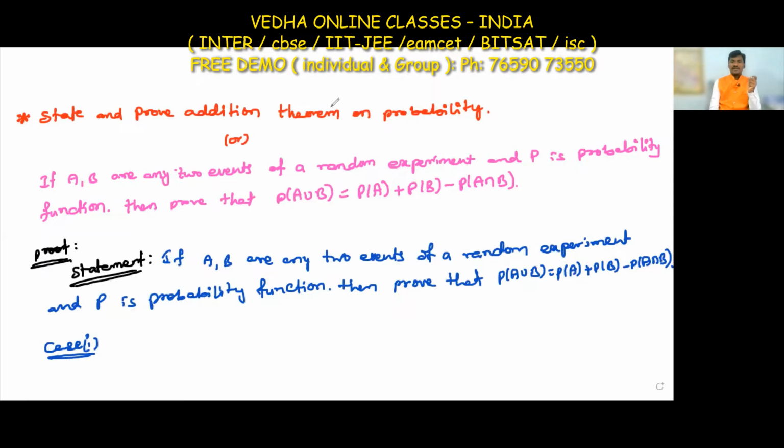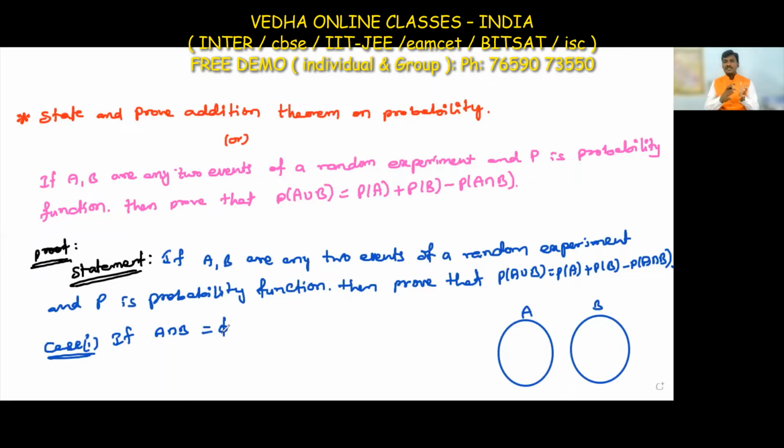I am taking the two events A and B. Here I have one event A and one more event B. Just assume that these two are disjoint events. If A intersection B is equal to phi, it means there are no common elements between A and B. They are separate.